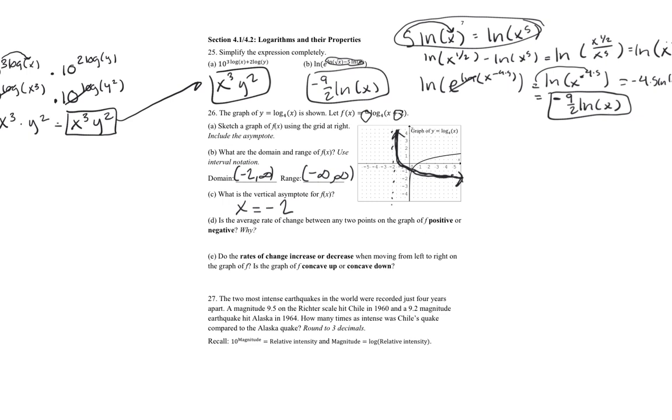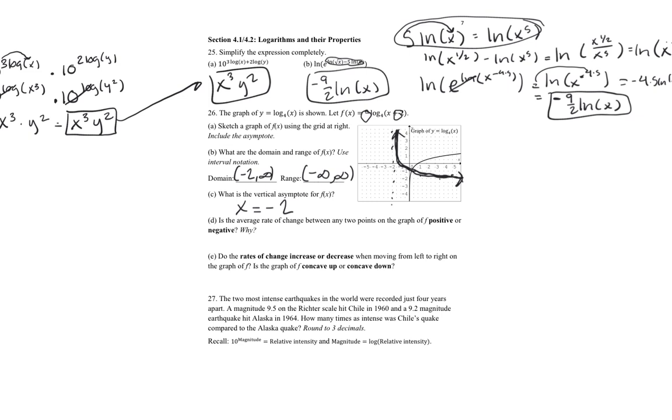All right, so for part B, it says, is the average rate of change between any 2 points on the graph of f positive or negative? Okay, so if we look at 2 points, let's say 1 and 3, and we're taking the rate of change from 3 to 1, because that's how we do it. We go from right to left whenever we're doing rate of change.